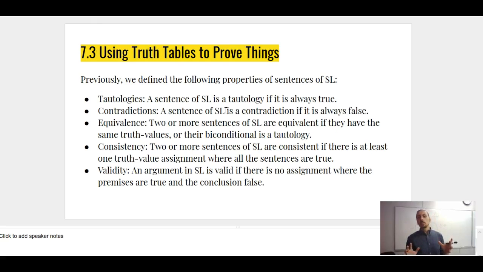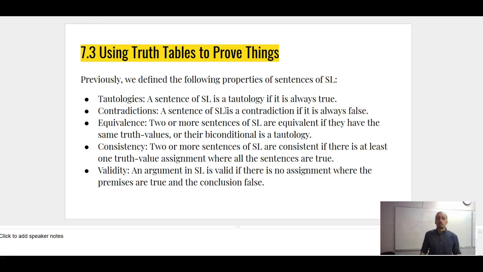So what we're basically going to do here is use truth tables to verify these properties. Now, a tautology is a sentence that's always true. So what we would expect is that underneath the main logical operator, we'd have a nice column of always true: T, T, T, T. A contradiction, we just looked at one, is a sentence that's always false. Using a truth table, we'd find that the main logical operator has a column of F's.